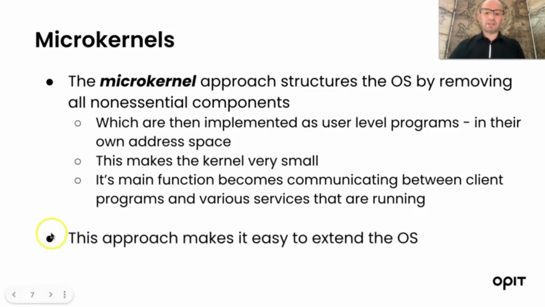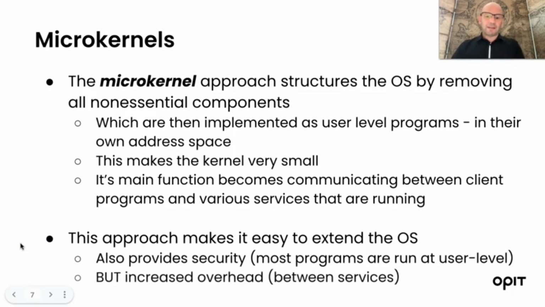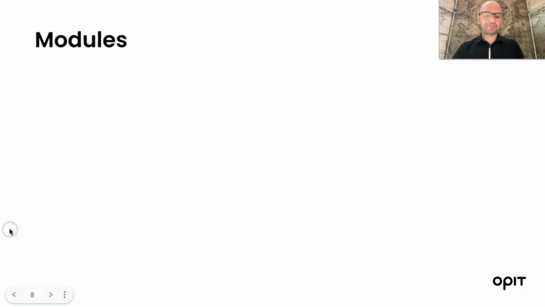This approach makes it very easy to extend the operating system because we can just add on user-level programs and various services. It also provides security, because most programs are run at user level, and if they're run at user level, there's not too much damage that they can do. But there's increased overhead because there's more communication between the client programs and the services.